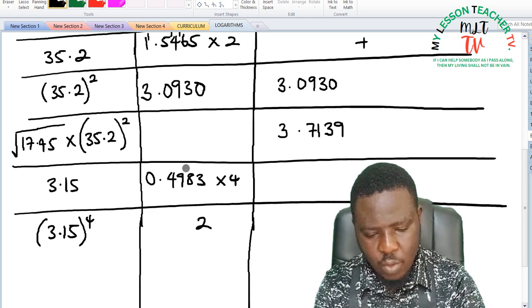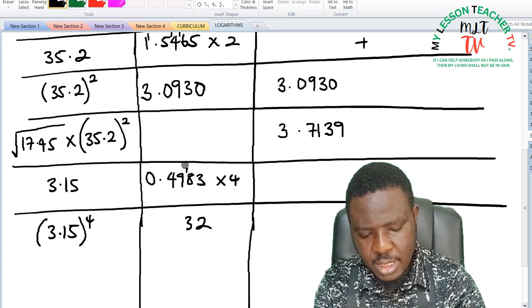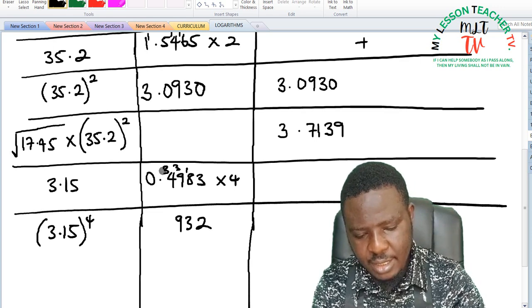You write down 2 and carry 1. 4 times 8 is 32 plus 1 is 33. Carry 3. 4 times 9 is 36. 36 plus 3 is 39. You write down 9 and carry 3.